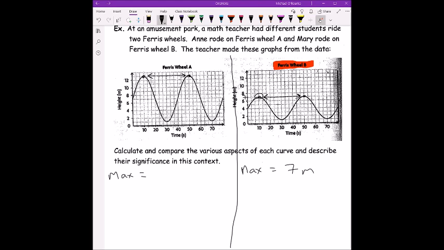Not 12, 13. Right, a little bit above 12. So what does that tell you in context of what's going on here? What does the max tell you about the Ferris wheel? Let's say you rode on Ferris wheel A, I rode on Ferris wheel B. What's the max tell you in real world context?